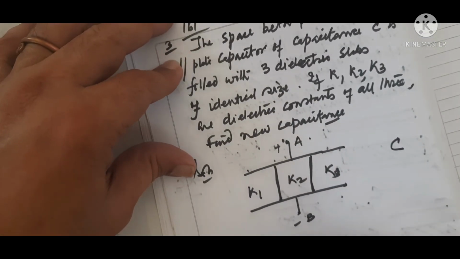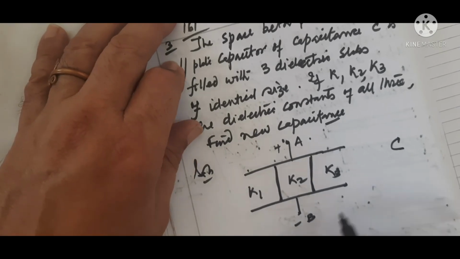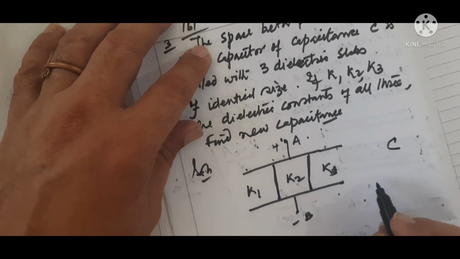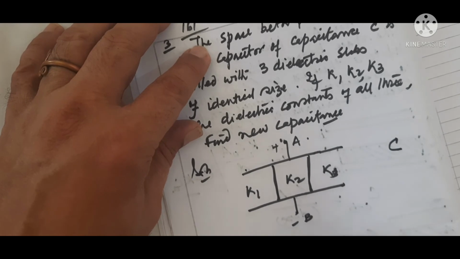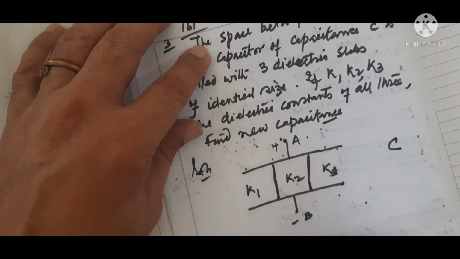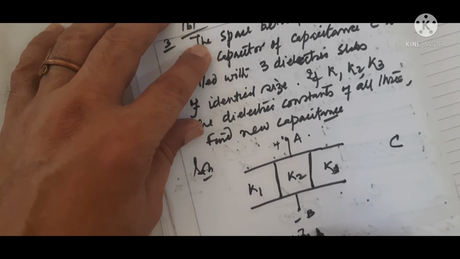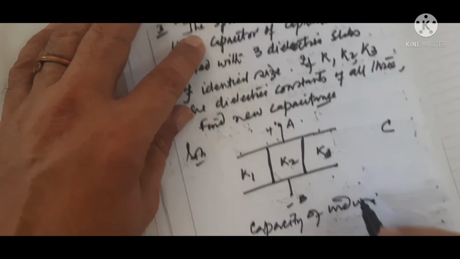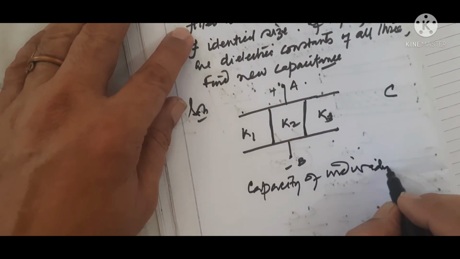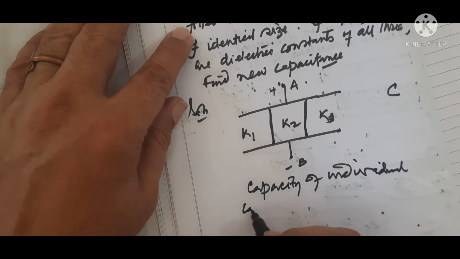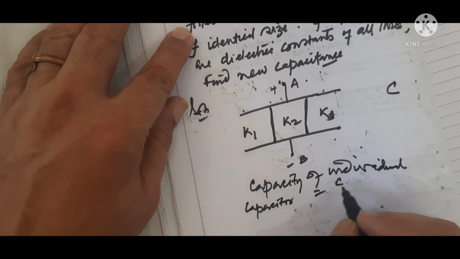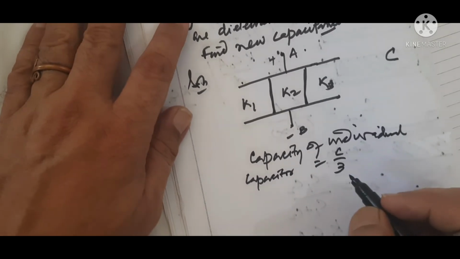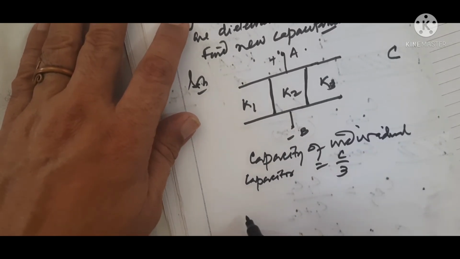So the capacity of each individual capacitor becomes C/3.